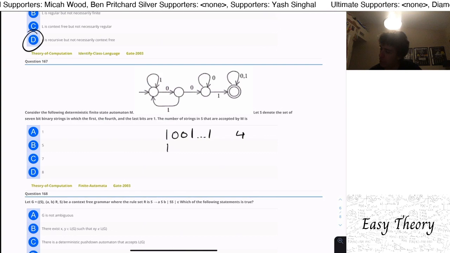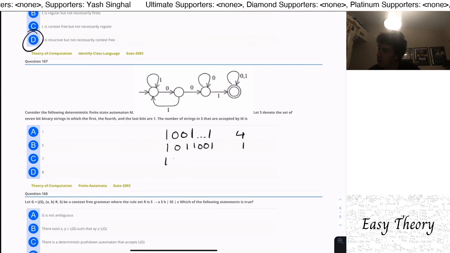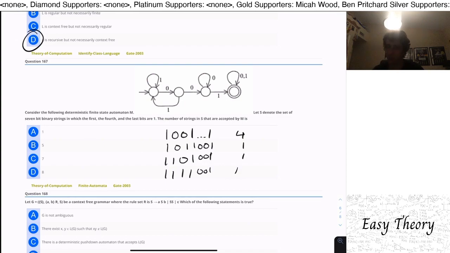If we had 1, 0, 1, 1, the only way we can get to a final state is 0, 0, 1, so that gets us 1. If we had 1, 1, 0, 1, then the only way we can get to the final state is 0, 0, 1, so that gets us another 1. Then we have to have 1, 1, 1, 1, and then 0, 0, 1 only gets us there, so it must be 7.